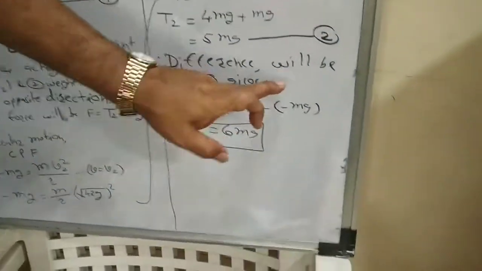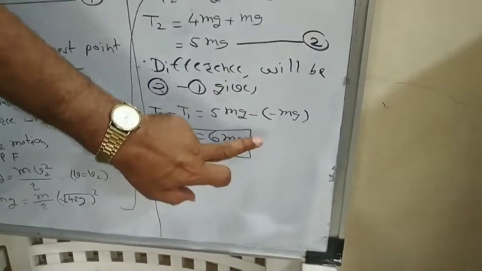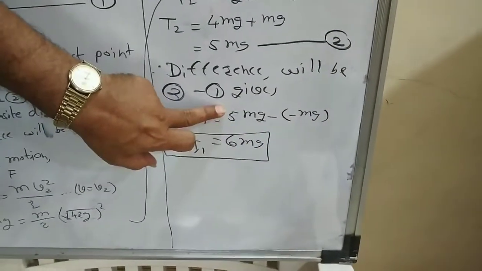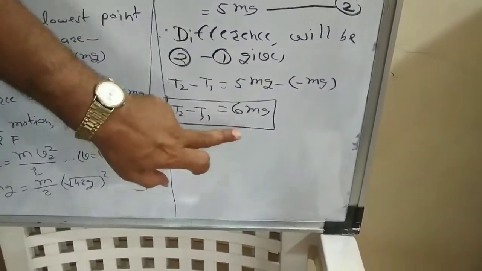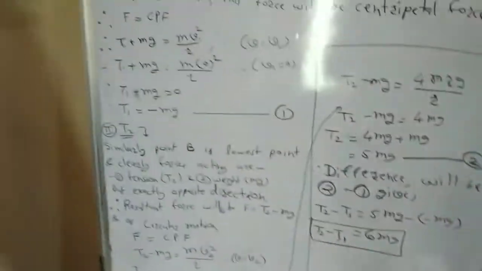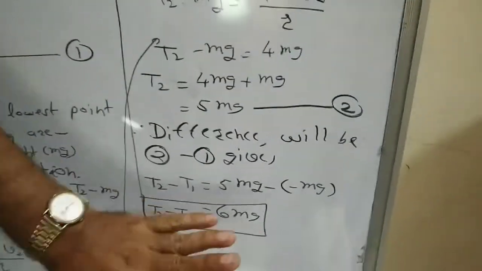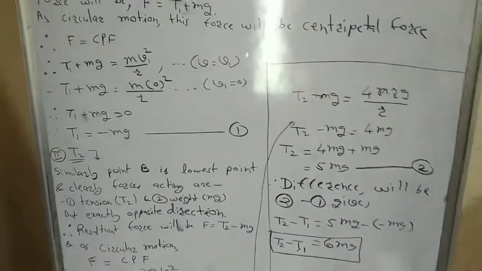So minus in a bracket minus mg, because of the property of minus sign, this becomes positive. So we get 5mg plus mg, that means 6mg. So the difference between tension at the bottom point and top point is 6mg. A question can be asked: show that this difference is 6mg.